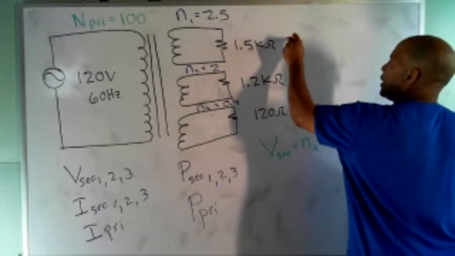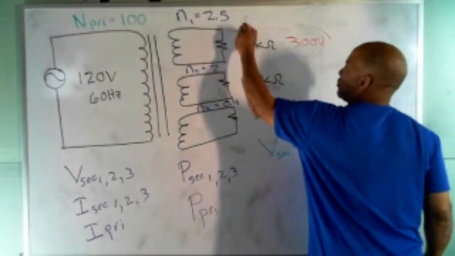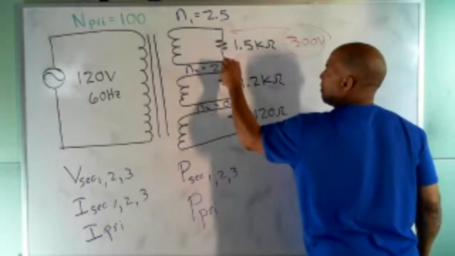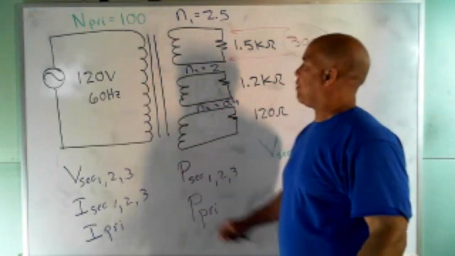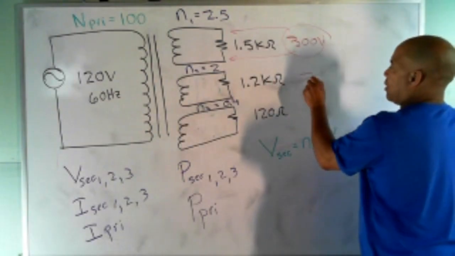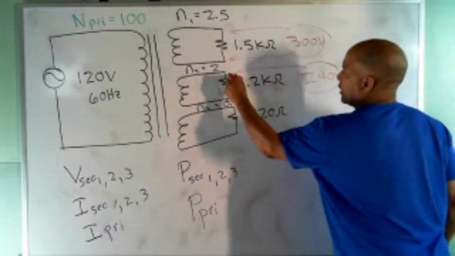It was 2.5, 300. So we got 300 volts across this resistor. And then if I take 2 times that, we have 240 volts across that resistor.